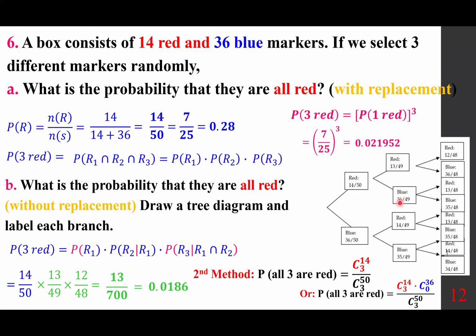But for this one, all blue, 36 is left. We go to the blue branch, all red is left, 14. Blue, 36 goes down to 35. And the third stage, 14 goes to 13, goes 12. The denominator is all 48. And I hope you can figure out the rest on your own. It's really not that big of a deal. All right.